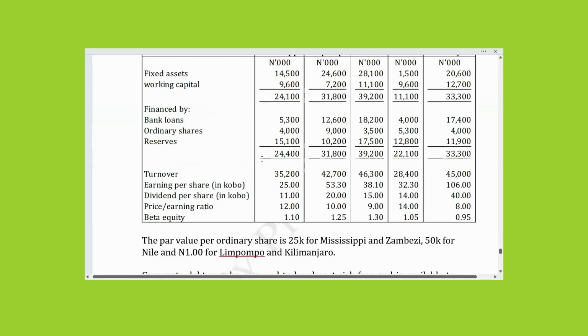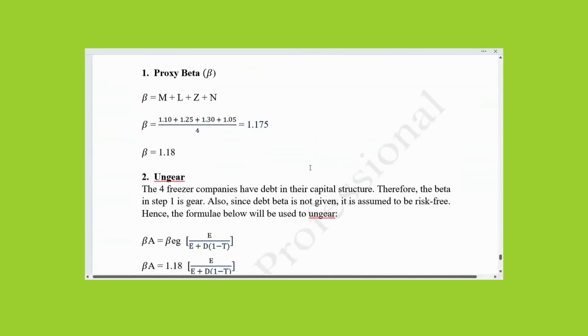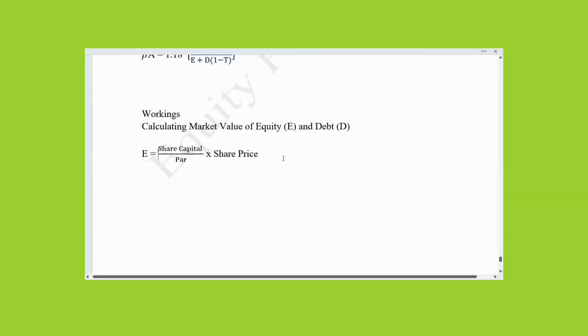So remember, for those of you that did skills level, you are aware that if you want to calculate price earning ratio, for example, we say price earning ratio is computed as share price divided by earnings per share. Let me put it down for you somewhere.